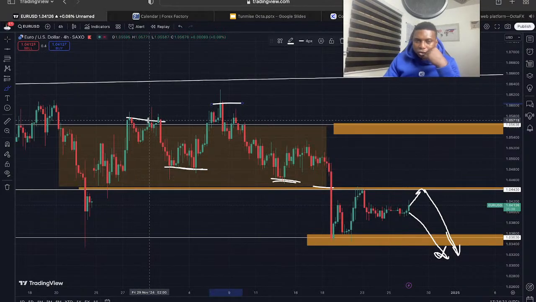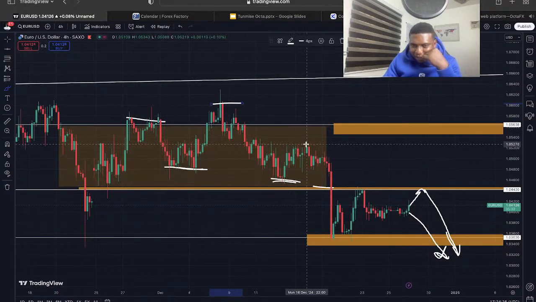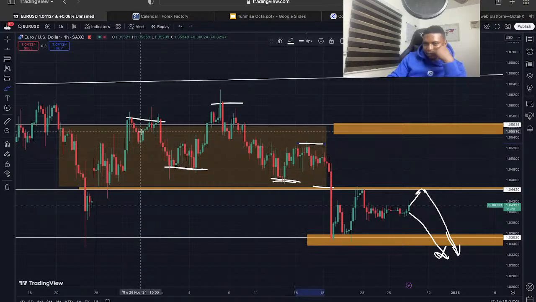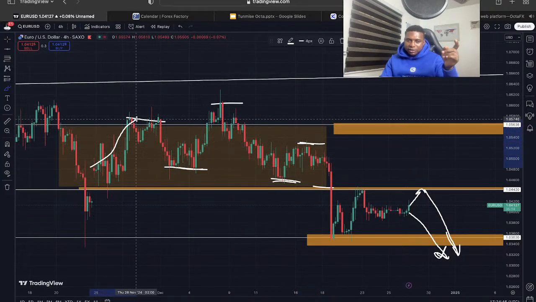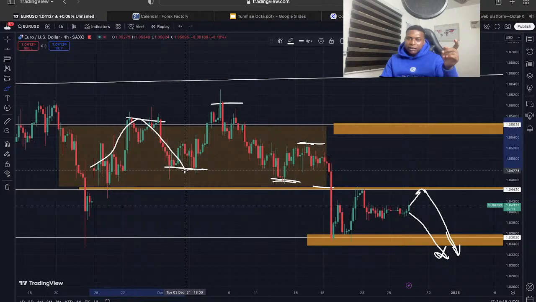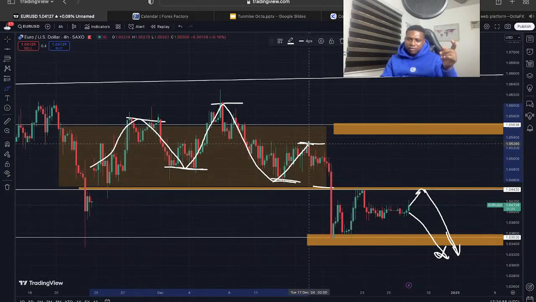we could say it also made a higher high, right? However, when you look at the next high, it was even lower than the previous high. So you can see that this high came and was created. So look at something. We went like this, came like this, went up, came like this, then went up here, right?